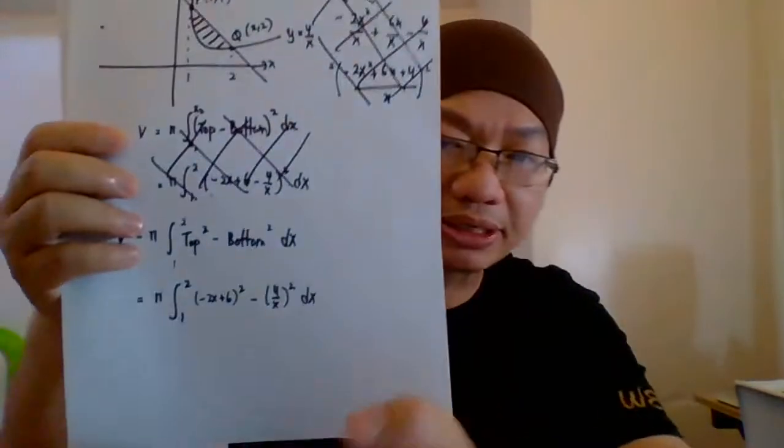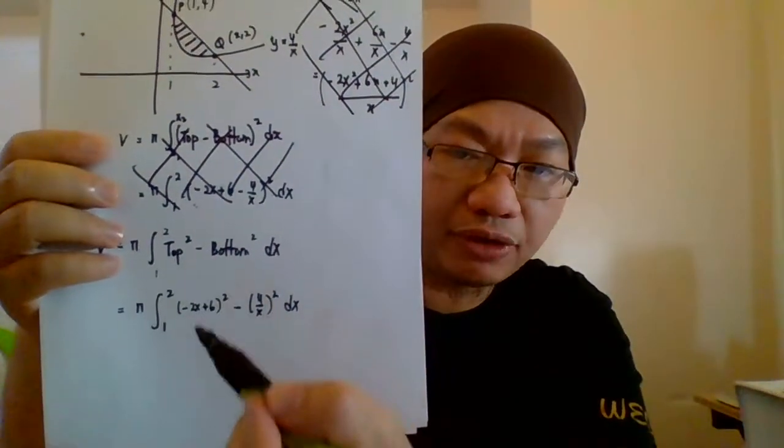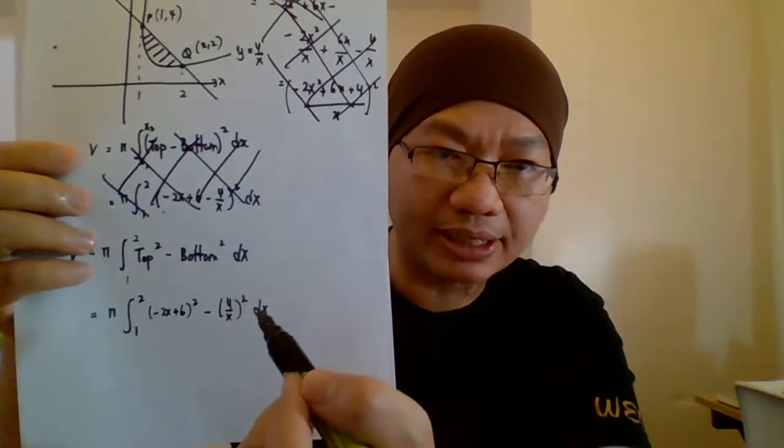When we square the top and bottom, you're supposed to get negative 2x plus 6 squared minus 4 over x squared, dx. This is the top equation squared minus the bottom squared.